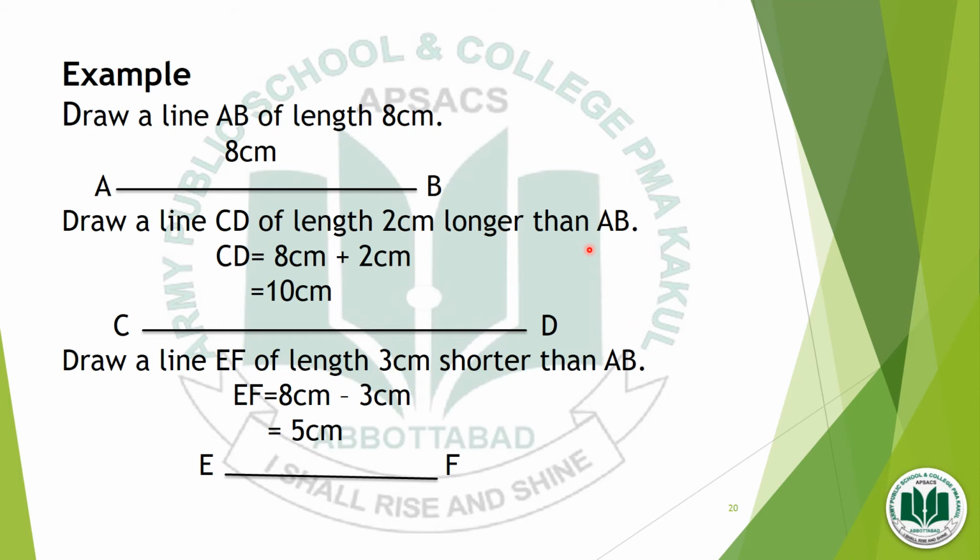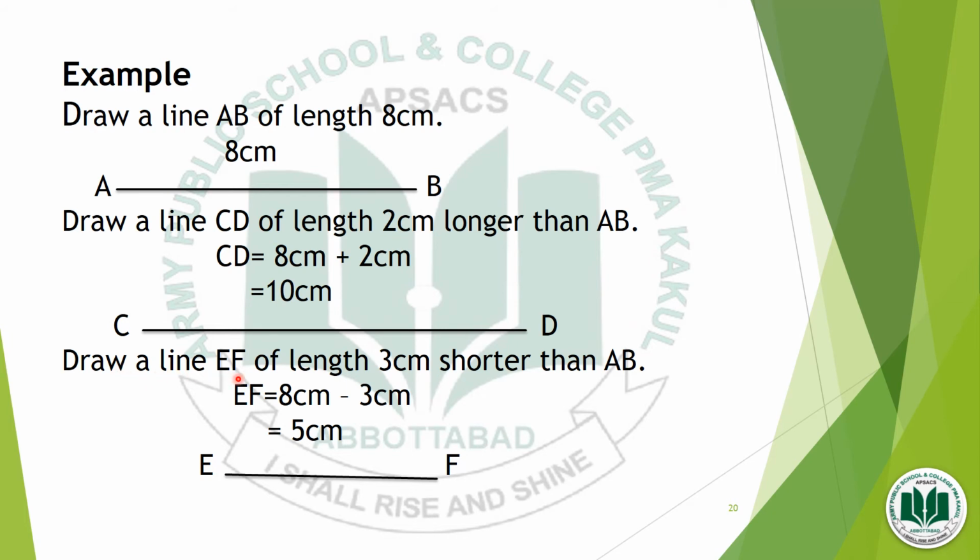And the line CD is 2 cm longer than line AB. So we will add 2 cm and 8 cm, which is equal to 10 cm. Now you have to draw the line CD of 10 cm. Use the scale to draw the line of 10 cm.